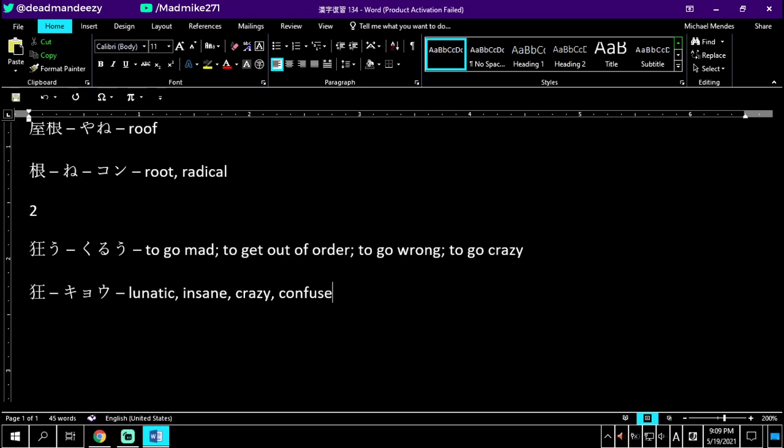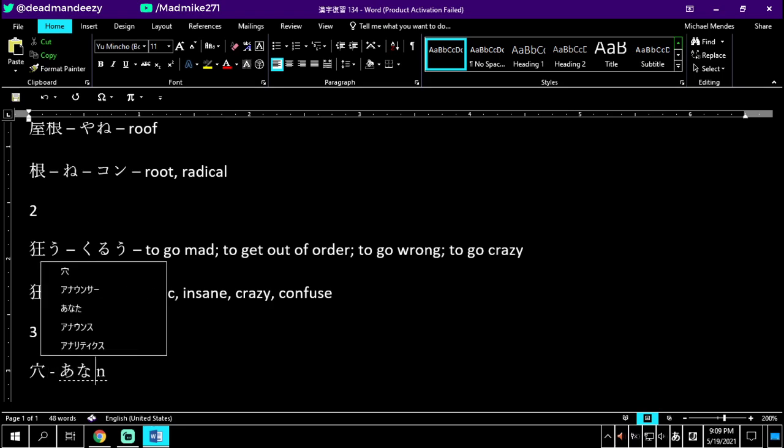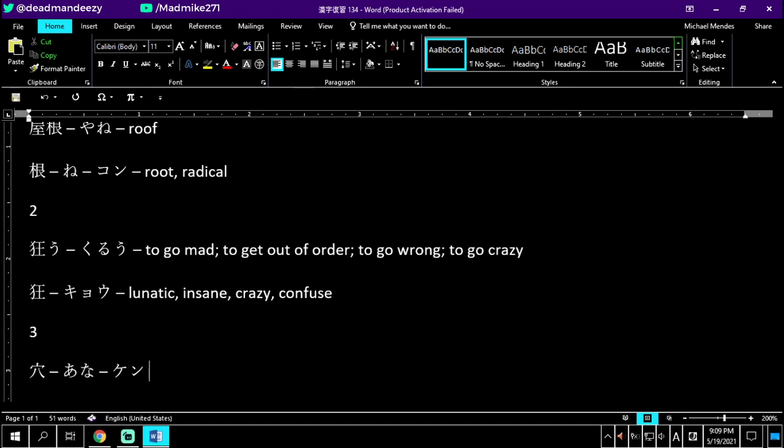Two words down. Number 3 for the day is ana. Ana desu. Kunyomi ana, onyomi ketsu. Ana or ketsu is a hole, an aperture, cave, or a den.